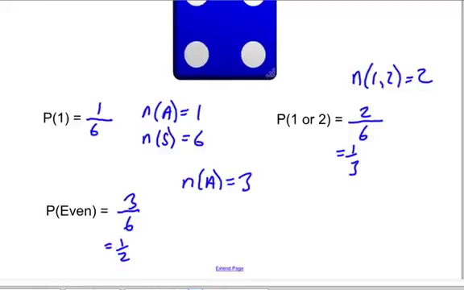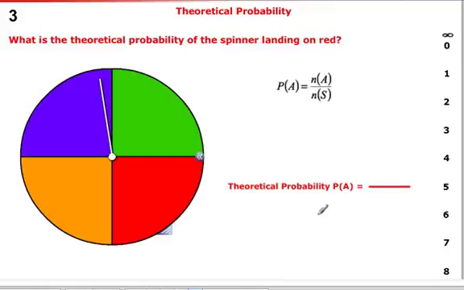So moving on, if we take a look at this spinner, and I ask the question, what's the theoretical probability of the spinner landing on red? Well, it's a fair spinner. So if I start the spinner, it is equally likely to land on any of the four colors.